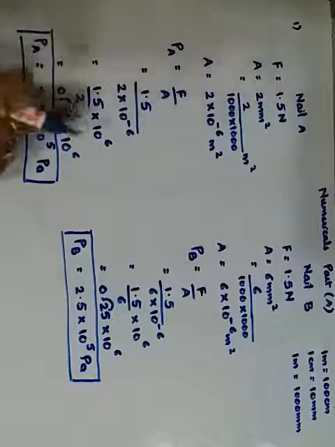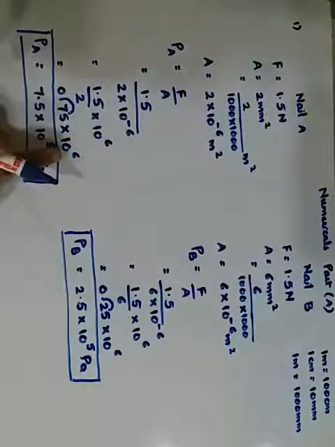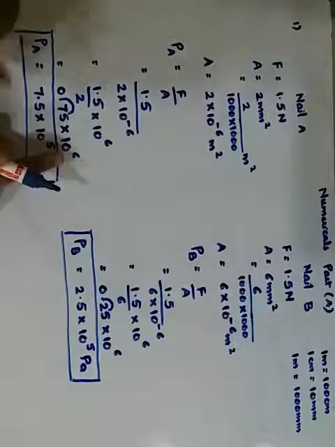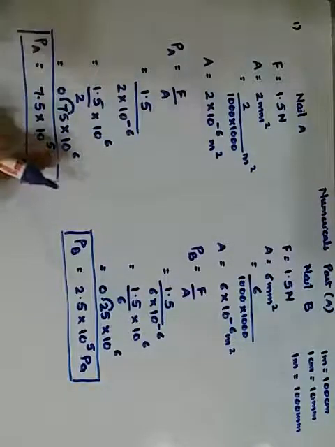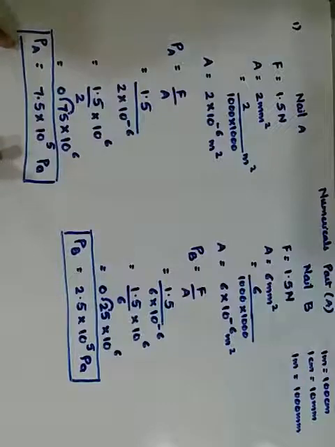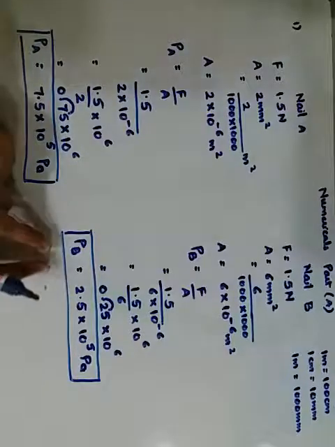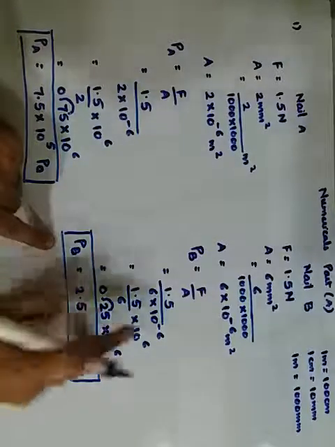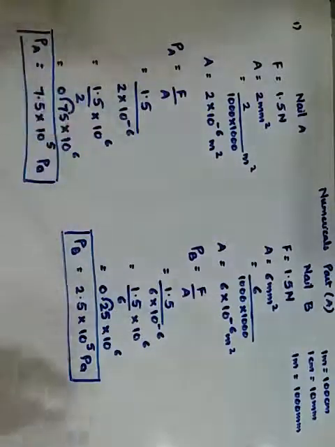When you shift the decimal 1 place to the right, the power of 10 gets reduced by 1. So 6 minus 1 becomes 5. Therefore the answer is 7.5 into 10 raised to 5 Pascal. So this is the pressure exerted by the nail A, and this is your pressure exerted by the nail B. Similar calculation. Okay.